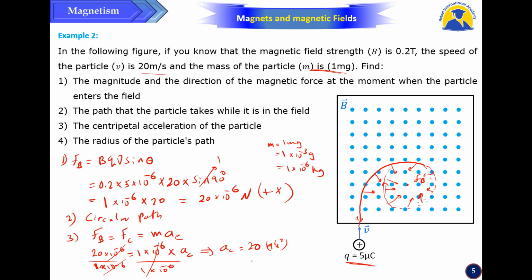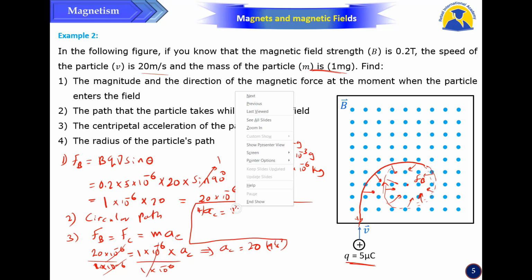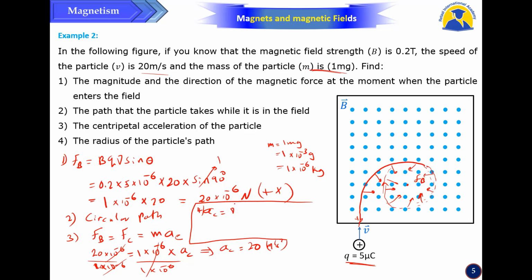Now, fourth, we need to find the radius of the particle path. To know the radius, we need to use the AC formula. AC equals V square divided by R. This is the formula that we use to calculate the centripetal acceleration. AC we already found, which is 20.